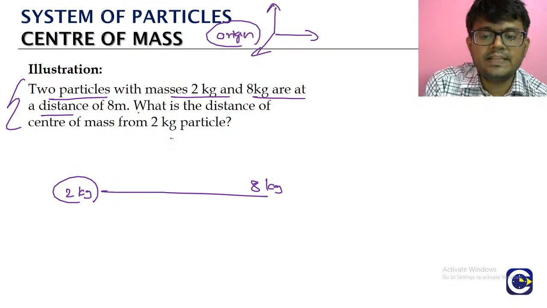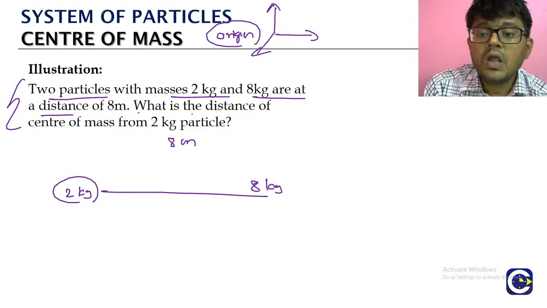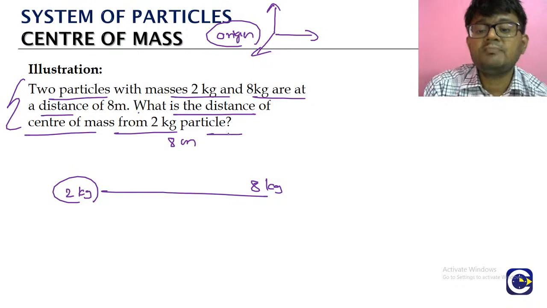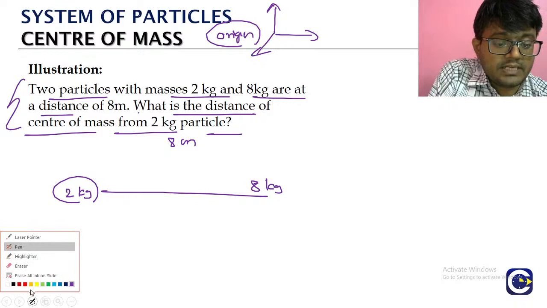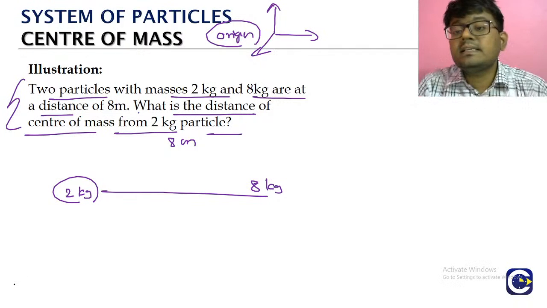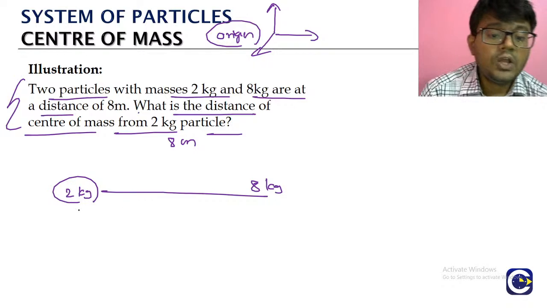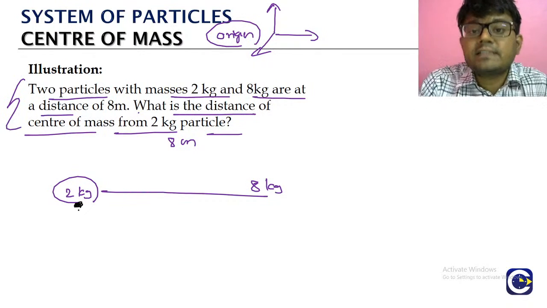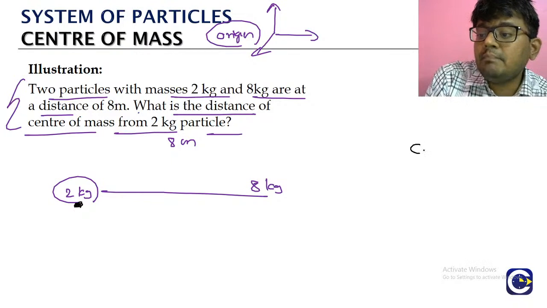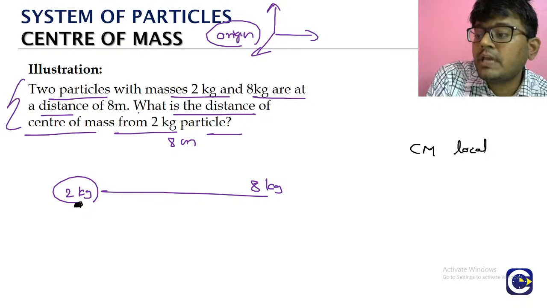What is the distance between them? 8 meters. What is the distance of center of mass from the 2 kg particle? See this closely. What are they asking us? They're asking us the distance of the center of mass from the 2 kg particle. But all this time what were we studying? We were studying the method to find center of mass location by using the coordinates, right?